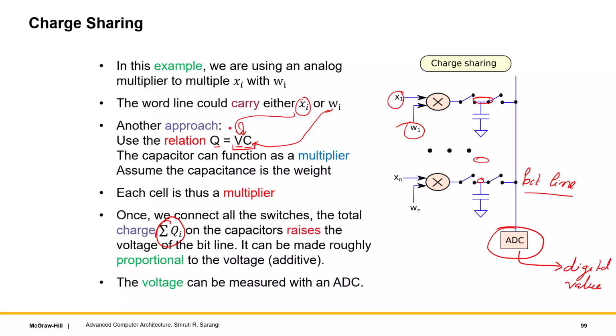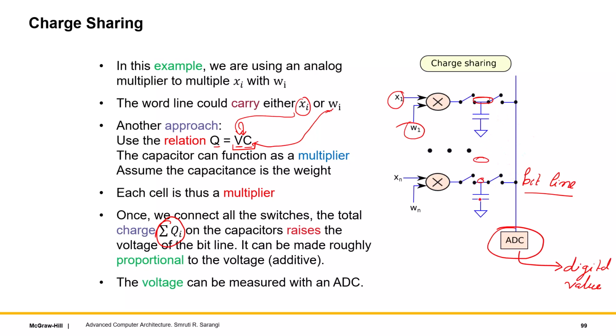We are using the analog nature of the circuit, which could of course bring in errors and inaccuracies. I am not discounting that. But if you are willing to absorb some of it, because CNNs are approximate circuits to begin with, then this is a very quick method of doing a multiplication, letting the charges accumulate and get shared.